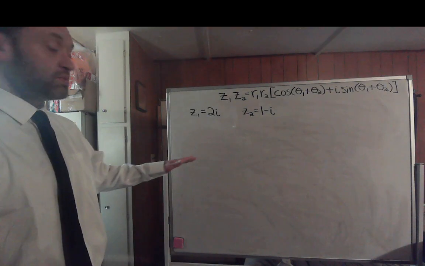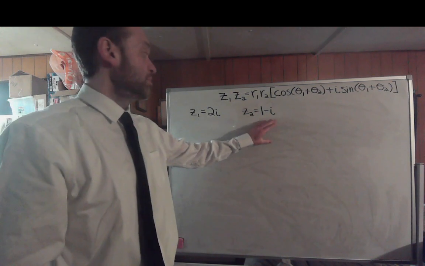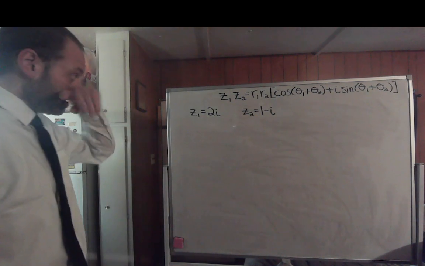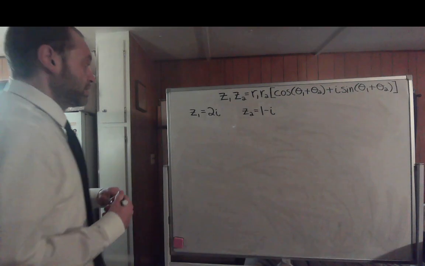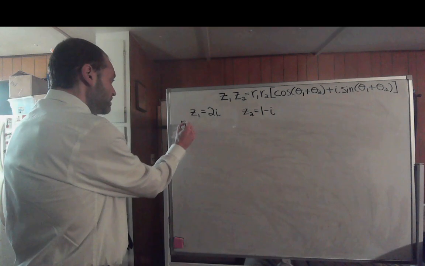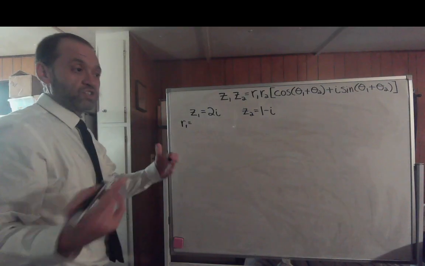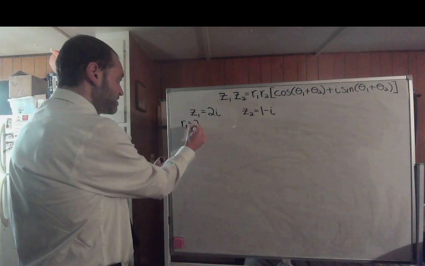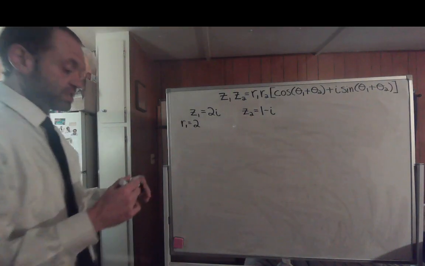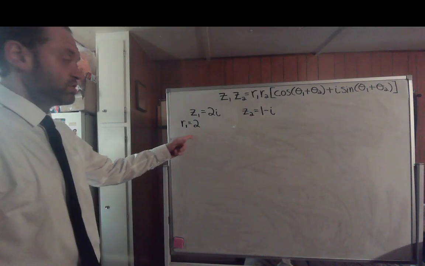Alright, so z sub 1 equals 2i, z sub 2 equals 1 minus i. Let's see what we end up getting here. So first let's find our r1. R sub 1, well, we only have a b coefficient. The square root of 2 squared is just 2. So that's going to be pretty easy. We're just going to end up having 2 for r sub 1.